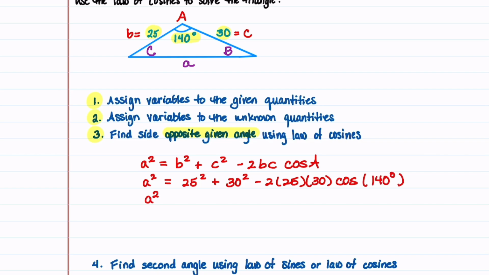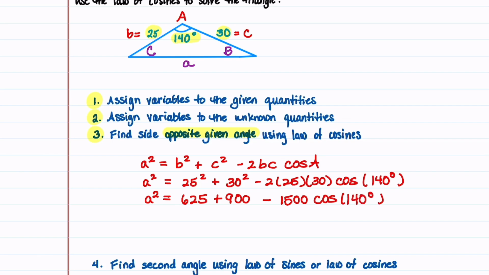This gives us a squared is 625 plus 900 minus 1500 times cosine of 140 degrees.